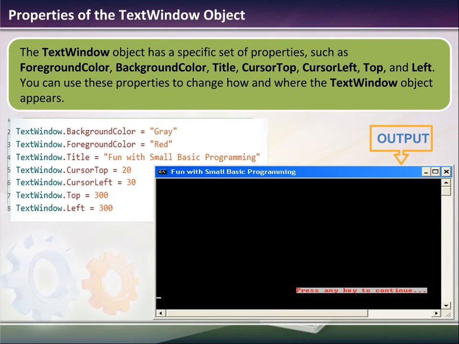Notice that the background of this text is gray. The foreground is red. Notice that the title in the text window says "Fun with Small Basic Programming", and then it changes the size of the text window and places the cursor in different locations.